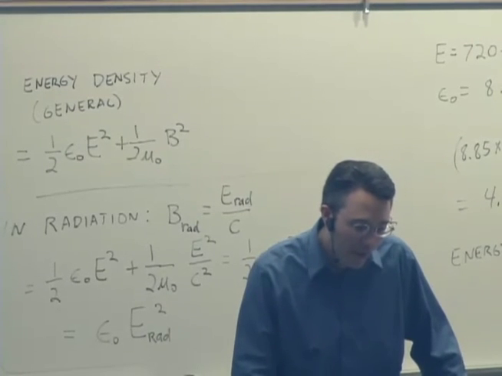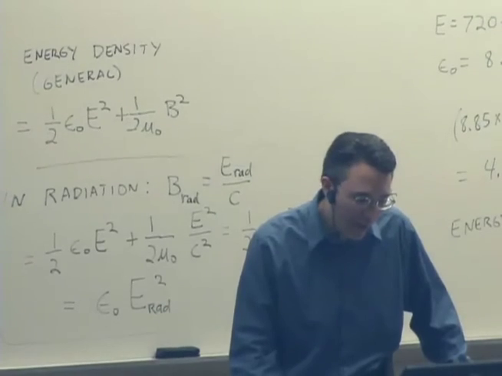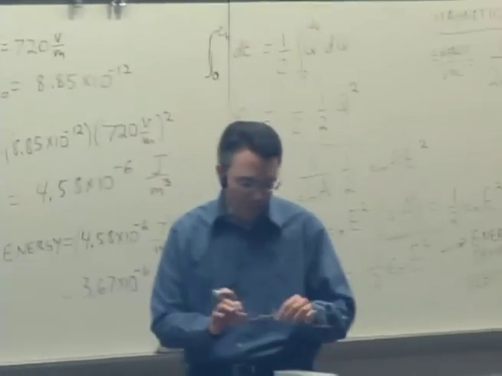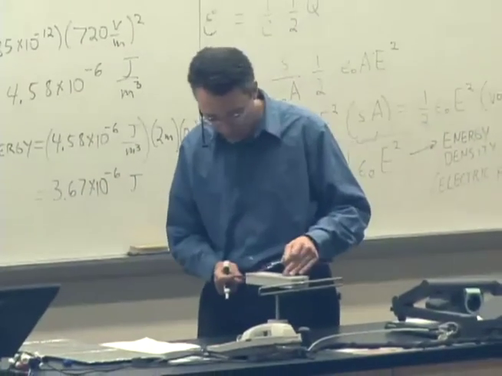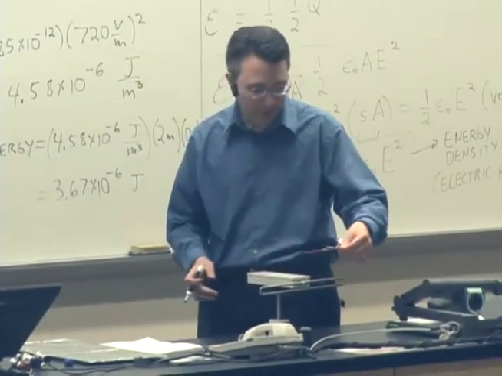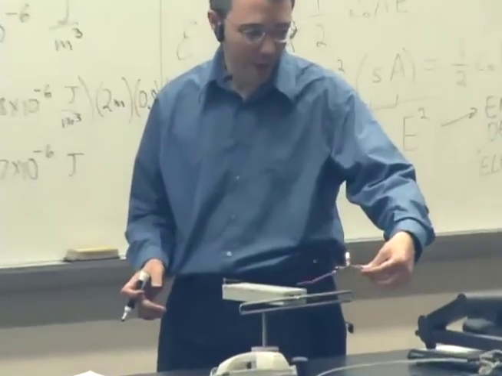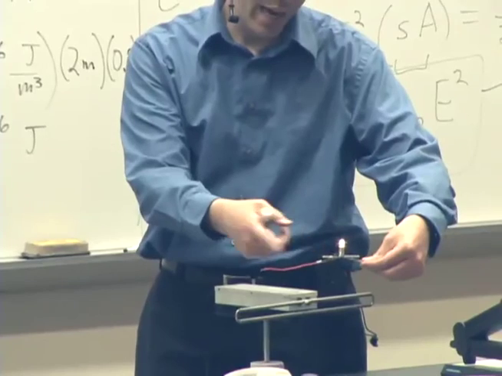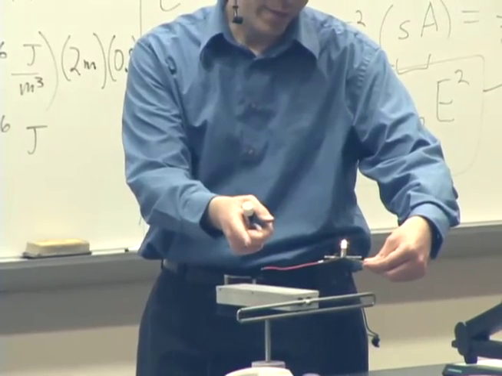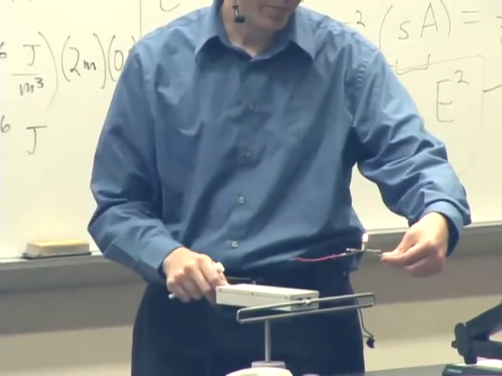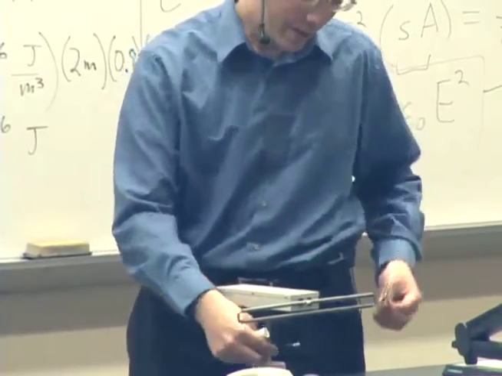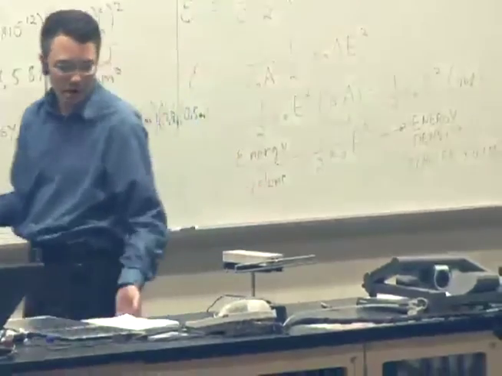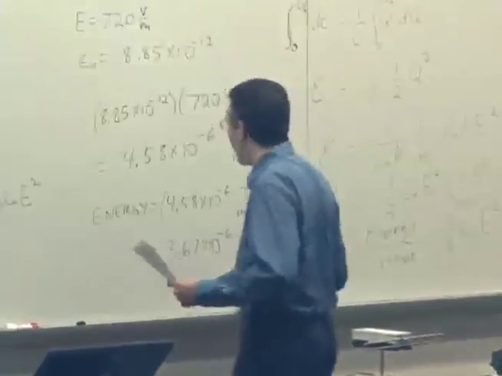Another way we can think about that is, coming back to our demo, we had the electric field from the radio transmitter causing the mobile charges inside the wires to oscillate. So we can say that the radiative fields are doing work on the charges, and we can look at how much work is done.